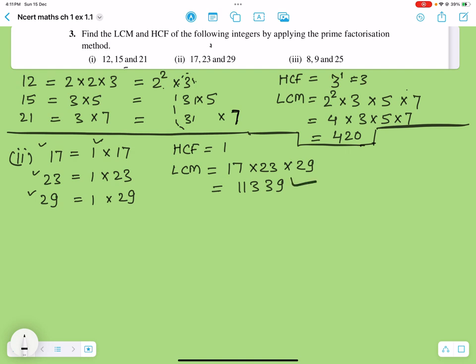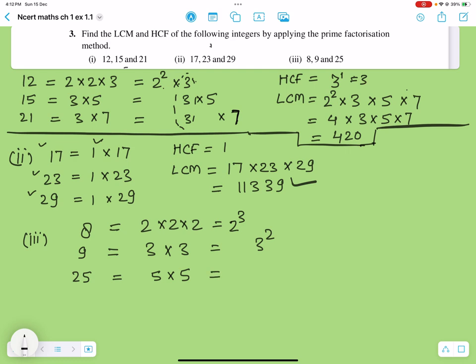Okay, so let's attempt the third and the last question, the last sub question. So this is 8, 9, 25. So if we factor 8, 2 twos are 4, 2 fours are 8, or we can write it down as 2 raised to power 3. 9 is 3 multiply 3, or we can write it down as 3 power 2. 5 multiply 5, or we can write it down as 5 square.